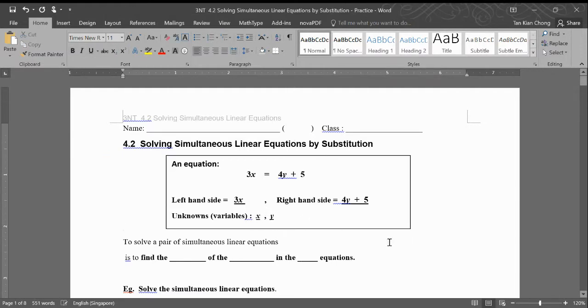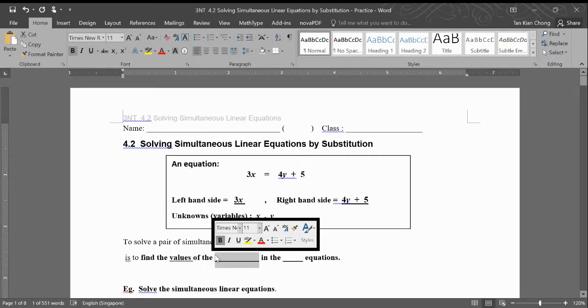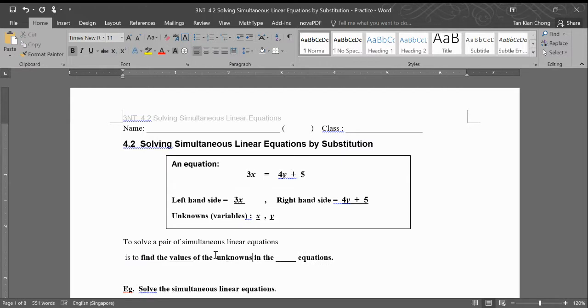So now we have identified the left hand side, the right hand side, and the unknowns in the equation. Now I'm going to start talking about solving simultaneous linear equations. When we solve a pair of simultaneous linear equations, note that I mentioned a pair. A pair means that there will be two equations. To solve the equation means to find the values of the unknowns, the variables.